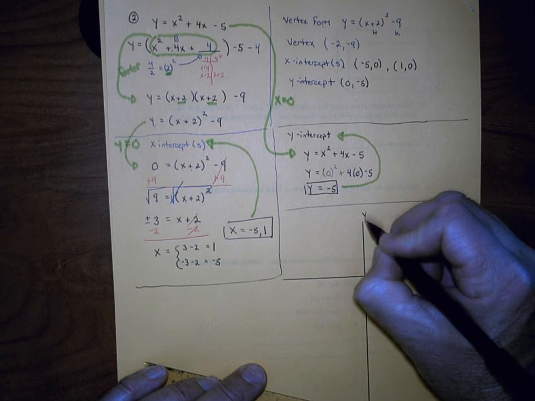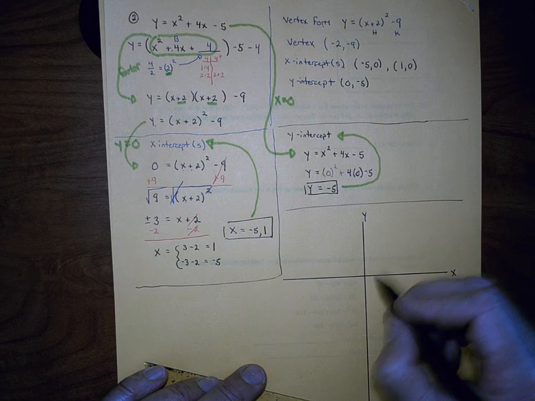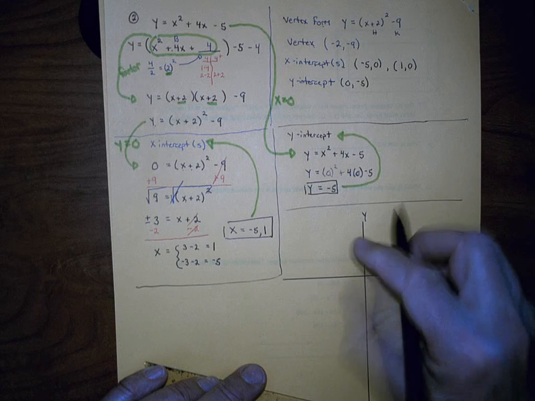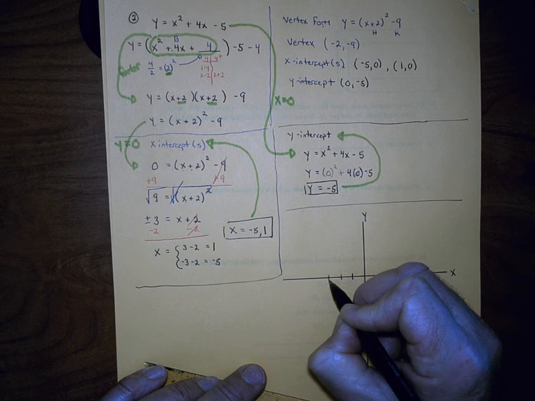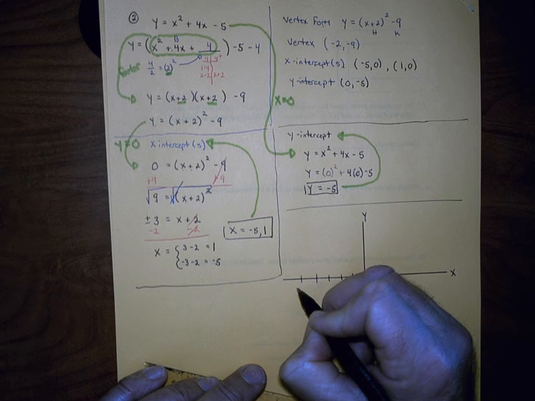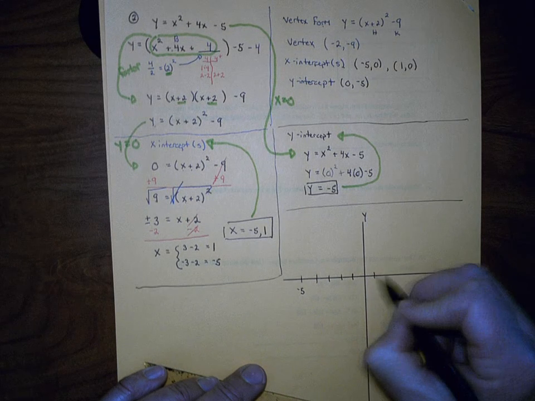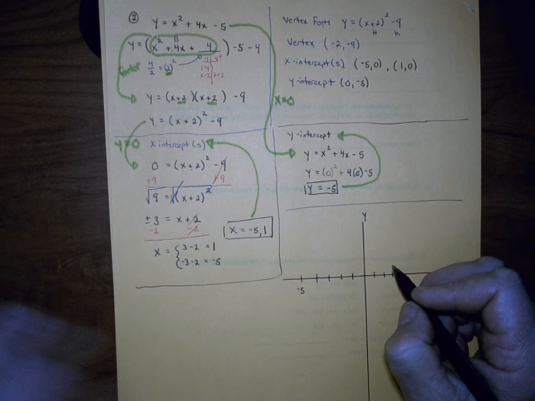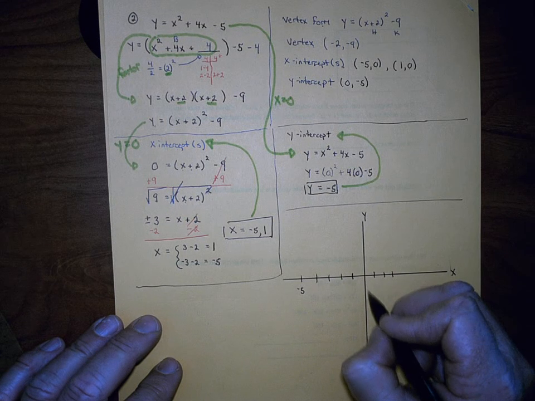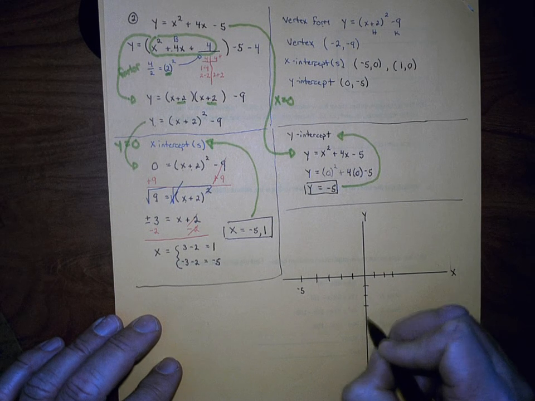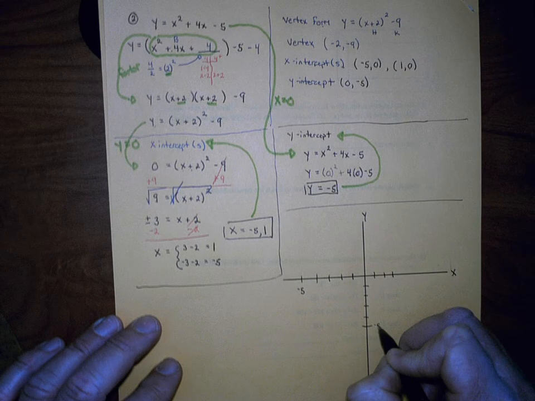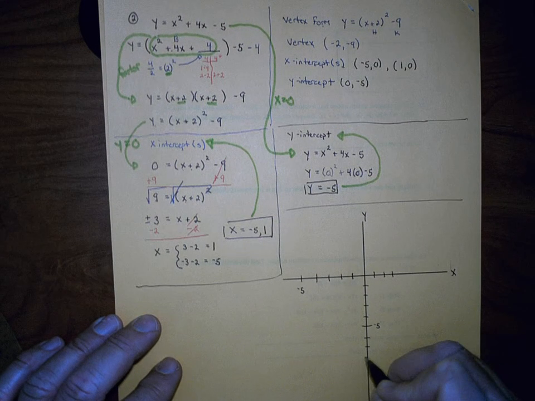I only have to go out to -5 on the x-axis, and then I'll have to go down to -9, so I'll go by ones: 1, 2, 3, 4, -5, 6, 7, 8, -9.